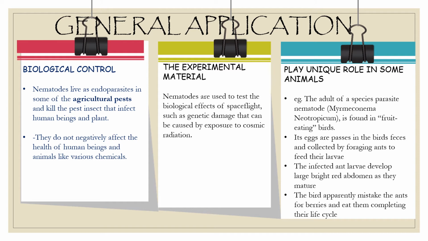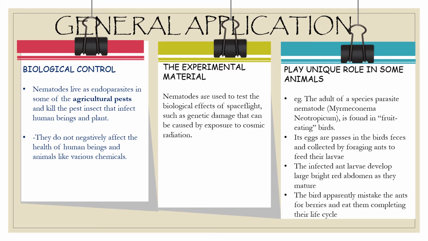They do not negatively affect the health of human beings and animals like various chemicals. For the second one, the experimental material. The nematodes are used to test the biological effects of spaceflight, such as genetic damage that can be caused by exposure to cosmic radiation.